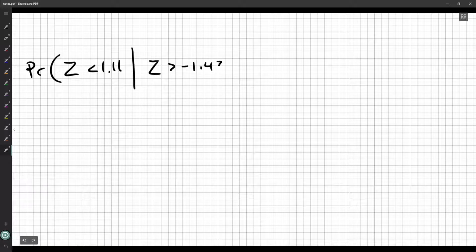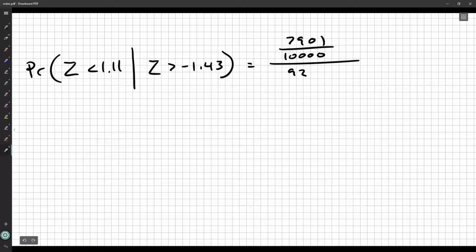I would probably clean this up a little nicer. The probability of z being less than 1.11, given that we know z is greater than negative 1.43, I can write as 7901 over 10,000, all over 9236 over 10,000. Just rewriting these decimals as fractions.